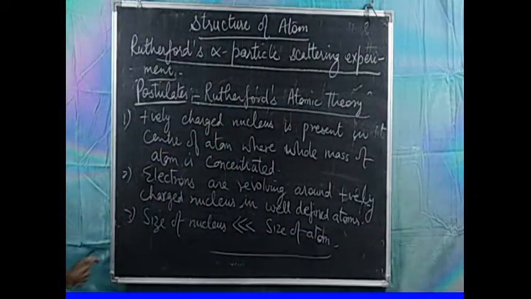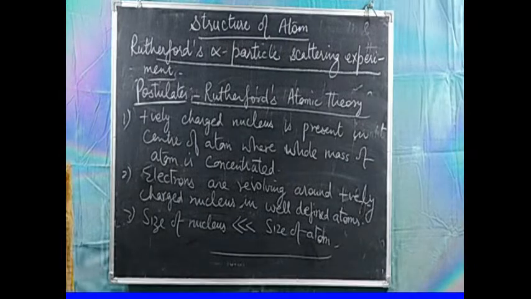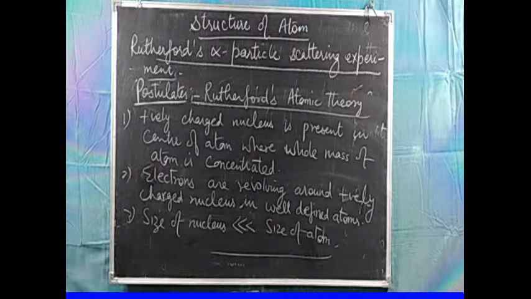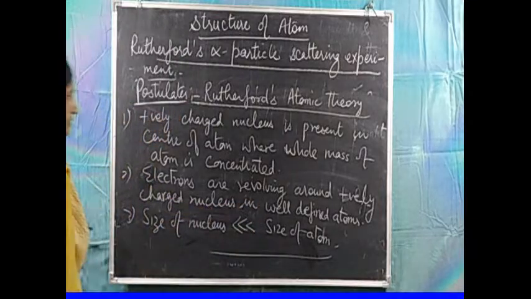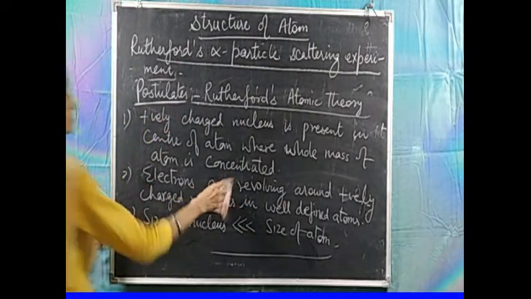These were the 3 main postulates of atomic theory given by Rutherford, but later on limitations were found in this theory, also called drawbacks. Now according to Rutherford, electrons are moving in well defined orbits.